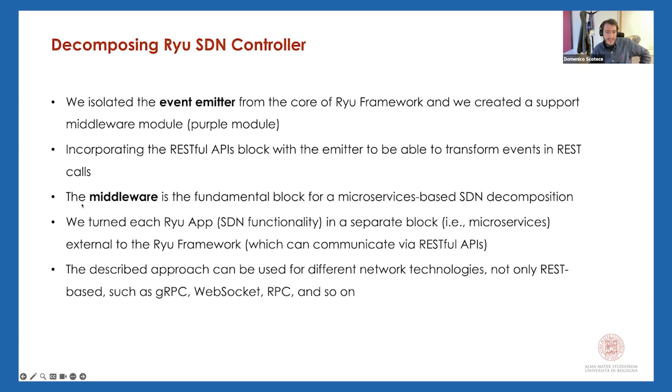So the middleware is actually the core of the SDN controller, just the micro part of the core of the controller, and then we turned each Ryu application, each SDN functionality, into a separate microservice. And then we connect these functions to the controller via RESTful or gRPC or another network protocol.